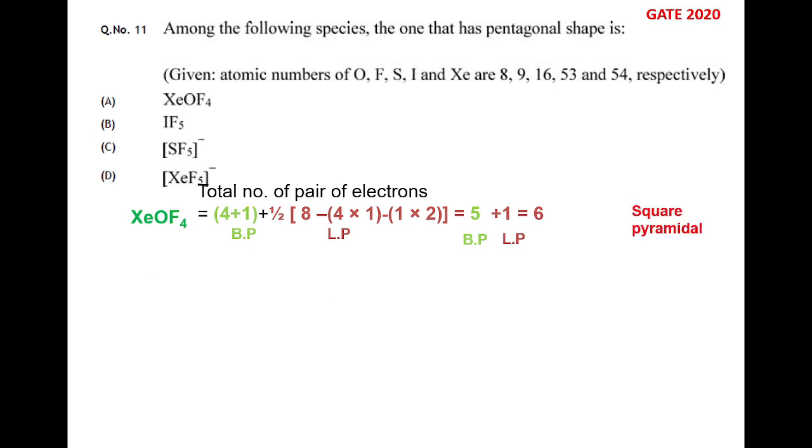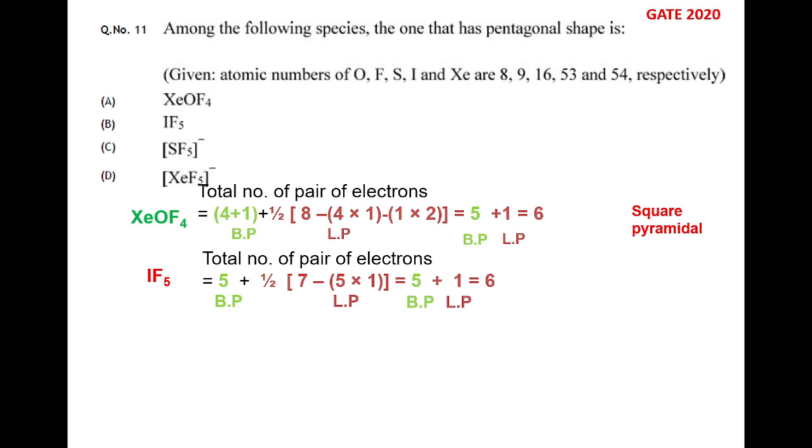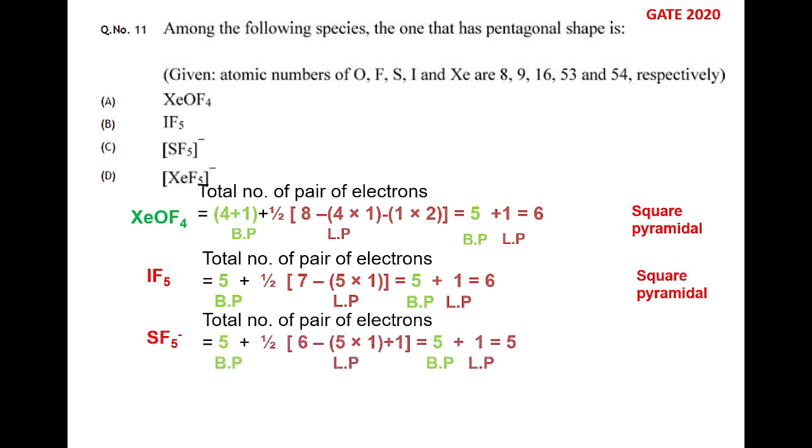If you go to IF5, the total bond pair 5, 1 lone pair, the shape of IF5 will be square pyramidal. Again, if you go to SF5 minus, you will get 5 bond pair, 1 lone pair. So again the shape is square pyramidal.